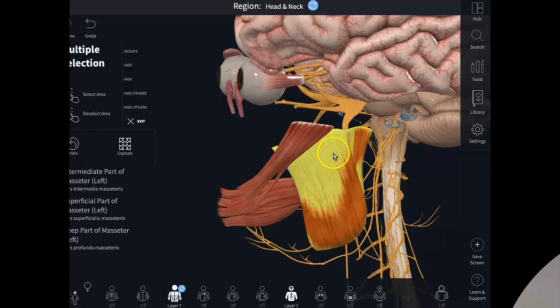Okay, and then this is the next muscle we're going to do. So this is the masseter. There are 3 parts of it. There's the intermediate, superficial, and deep part. So the origin for the masseter is the inferior aspect of the zygomatic arch. The insertion is the lateral aspect of the coronoid process, and then the ramus of the mandible.